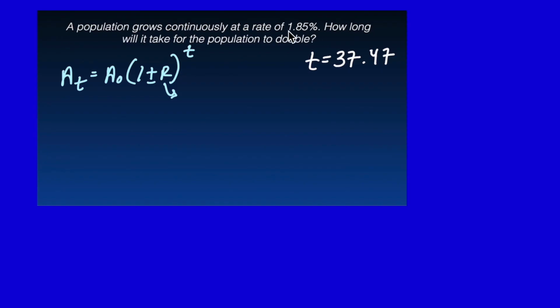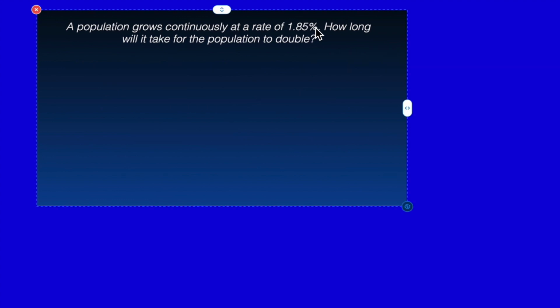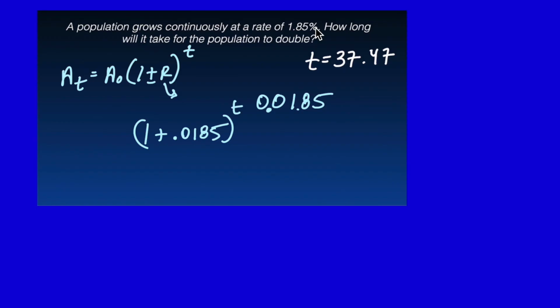So here we have 1.85%. Again, we're going to divide that by 100. So the decimal place starts here, it ends up here. So this is going to end up being 1 plus 0.0185 raised to the t.